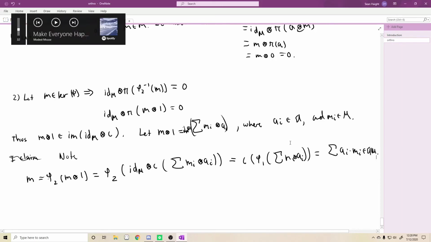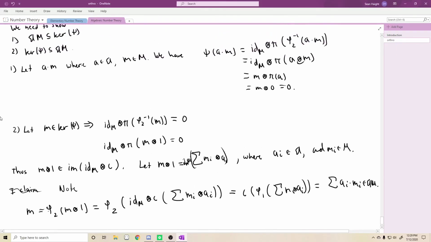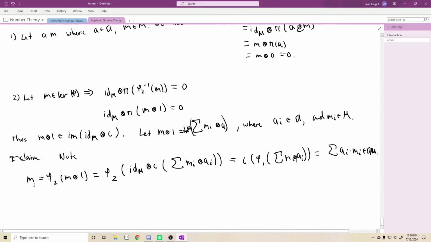Okay. So in the second part, the commutativity of this diagram actually plays a key role. So in conclusion, I found that m is necessarily in the module generated by M with coefficients in the ideal A, which was what I desired to show at the beginning.